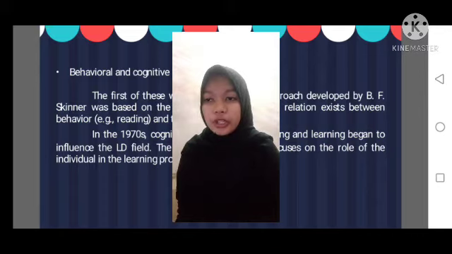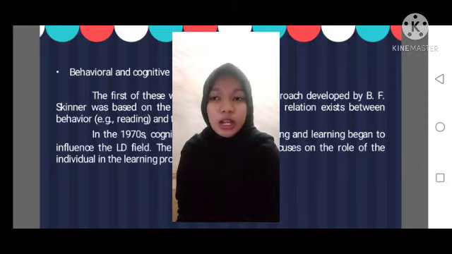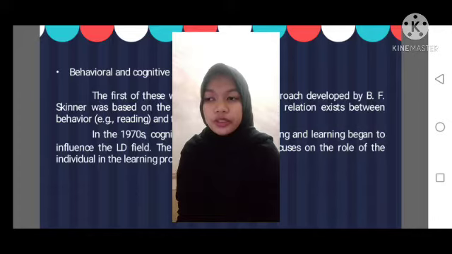The application to LD lies in the notion that academic problems would be best attacked by changes in the instructional environment. From the behaviorist perspective, a highly structured instructional environment that directly addresses the problem area was necessary for academic progress.